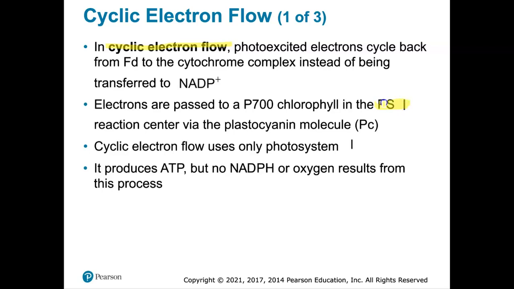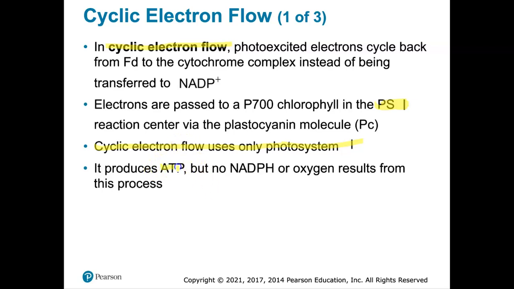So when this process occurs, rather than the non-cyclic or linear electron flow that used both photosystems, this process only produces ATP. So ATP can be produced by photosystem 1, but only in cyclic electron flow when photosystem 2 is not involved.